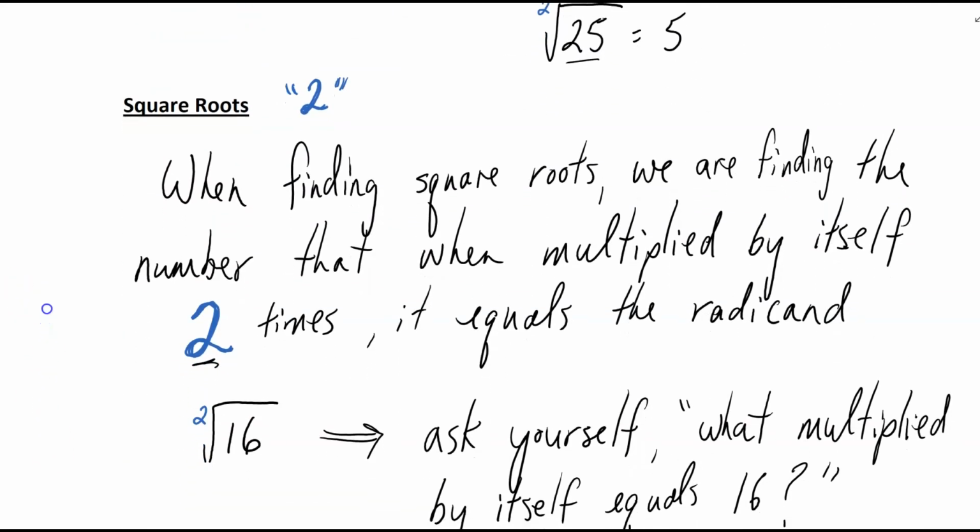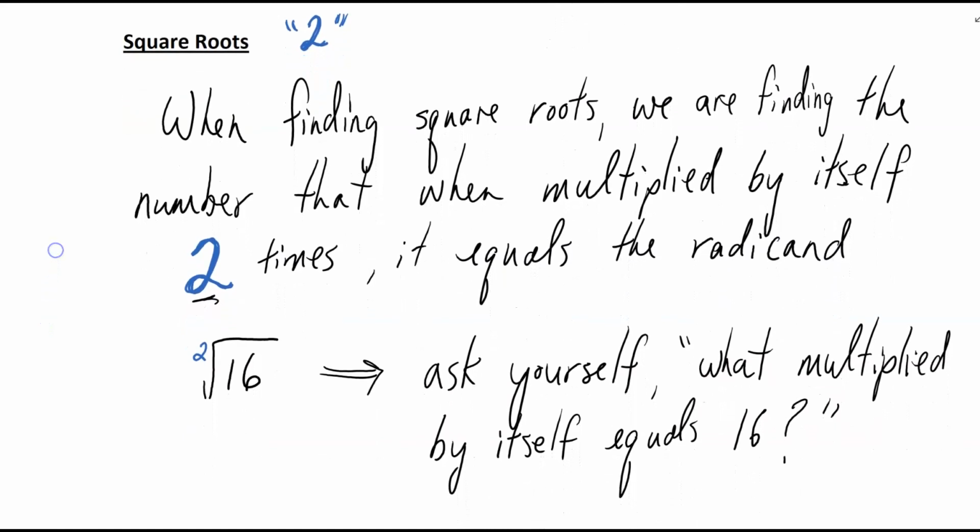When finding square roots, the number 2 is key. When finding square roots, we are finding the number that when multiplied by itself 2 times, it equals the radicand. So you are looking to factor the radicand into 2 equal factors. So for the square root of 16, you ask yourself, what is multiplied by itself to equal 16?